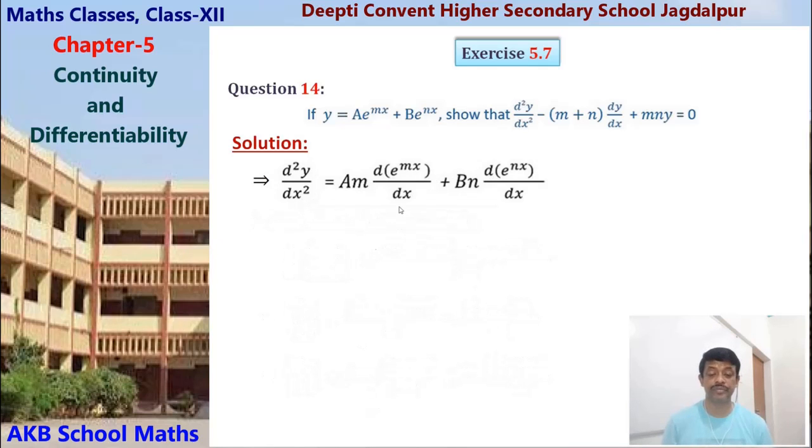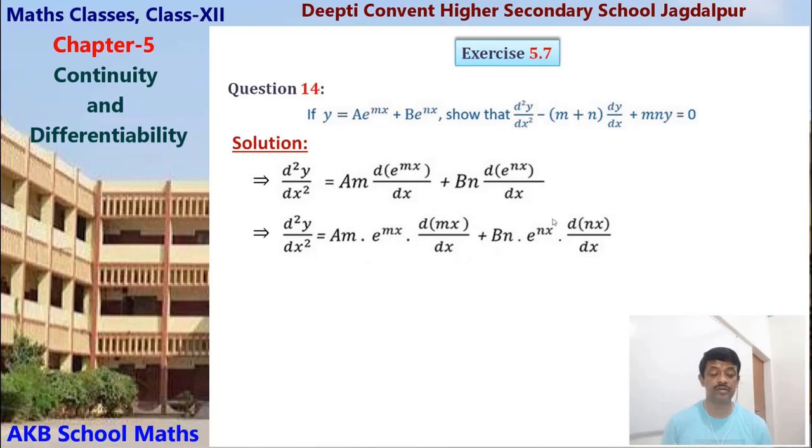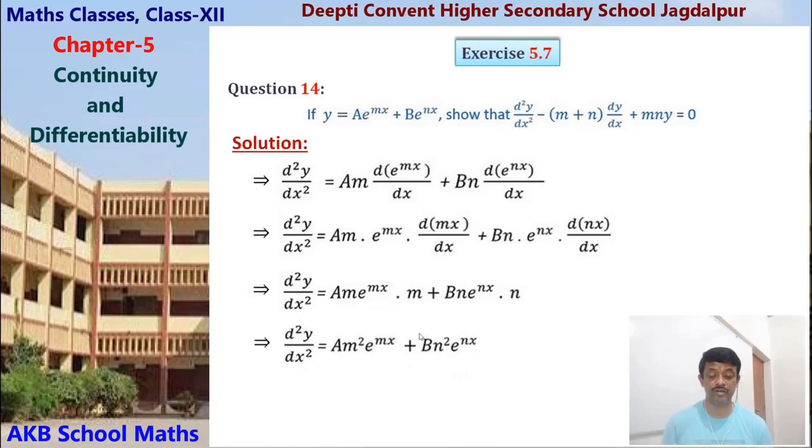Clear? So d2y by dx square equals a m square e to the power mx plus b n square e to the power nx. This is the value of the second order derivative.